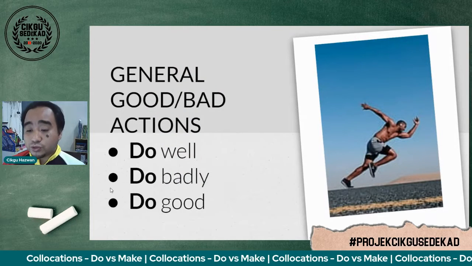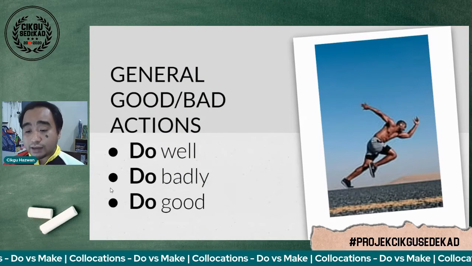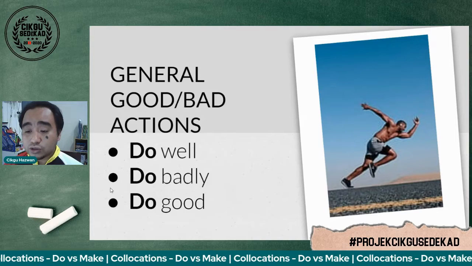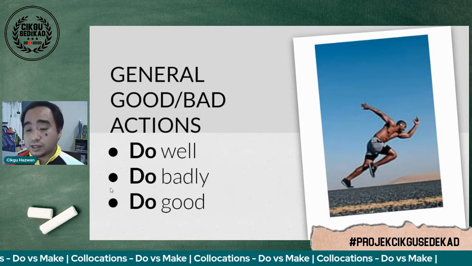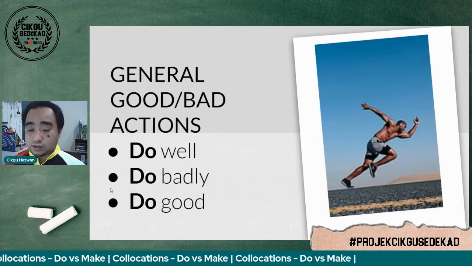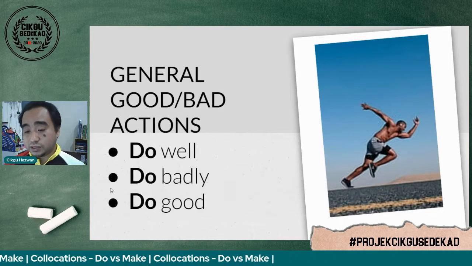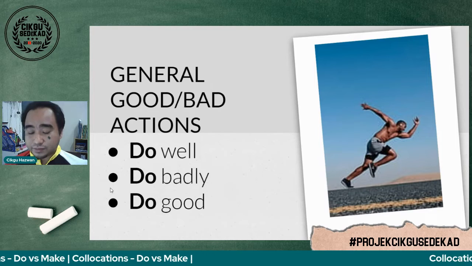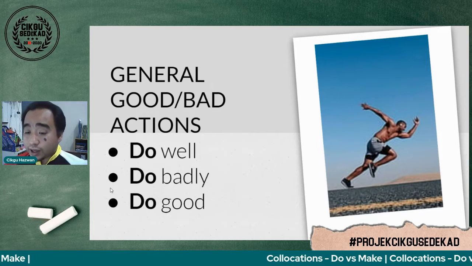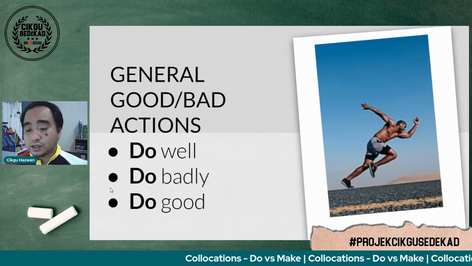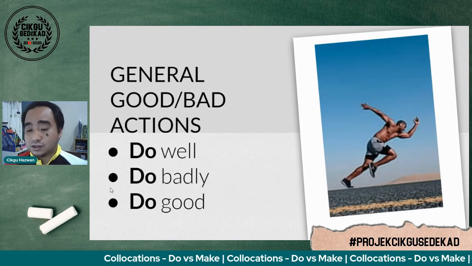Next, we also use do when we want to talk about general good or bad actions. So for any actions, we can use the word do. Do well. For example, you do well in your exam, or you are going to do well in your exam. You did well in your exam. Do badly or do good.